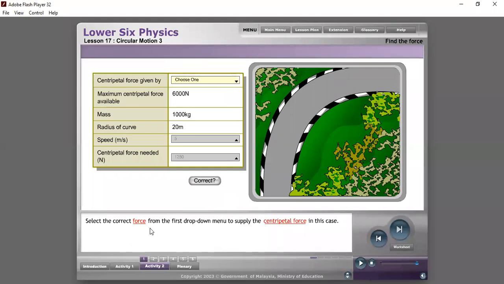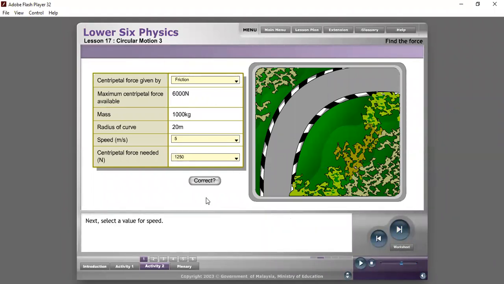What type of force is it? Centripetal force here, which is the force? That means the force will be friction.